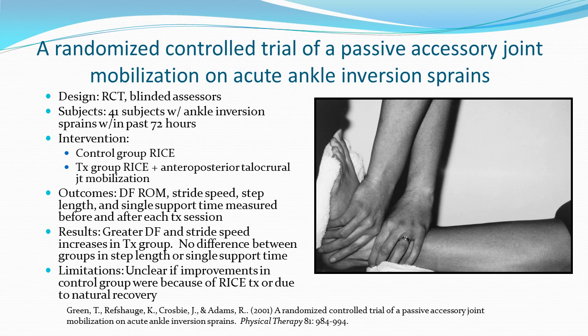The control group was prescribed RICE, and the treatment group was prescribed manual therapy in clinic in addition to RICE. Manual therapy included 2 repetitions of 60-second anterior-posterior talocrural joint mobilizations with 10 seconds of rest in between. And this was conducted every other day except for weekends for 2 weeks.